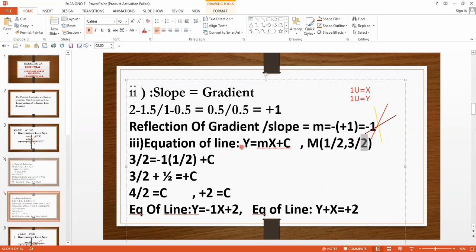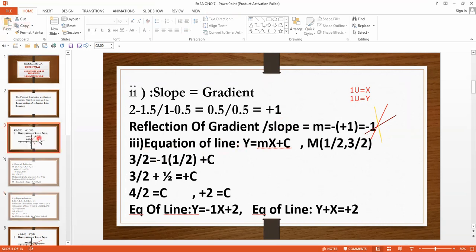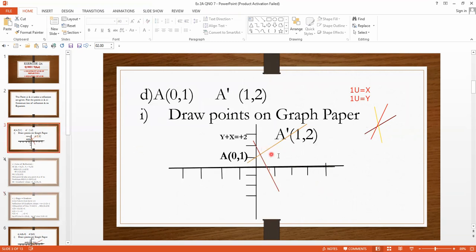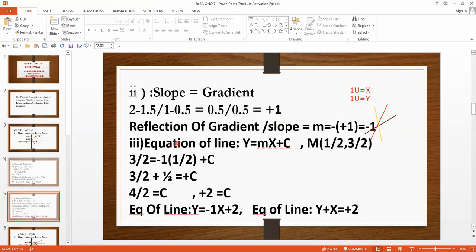Now we come to the third point. We have to find its equation of the line. As I already told you, in this case we can't easily determine which one is its equation of the line. For this purpose, what shall we do? First, we find the gradient, then the reflection of the gradient, and now we put the value of the midpoint, which we have already found, in the equation y equals mx plus c.